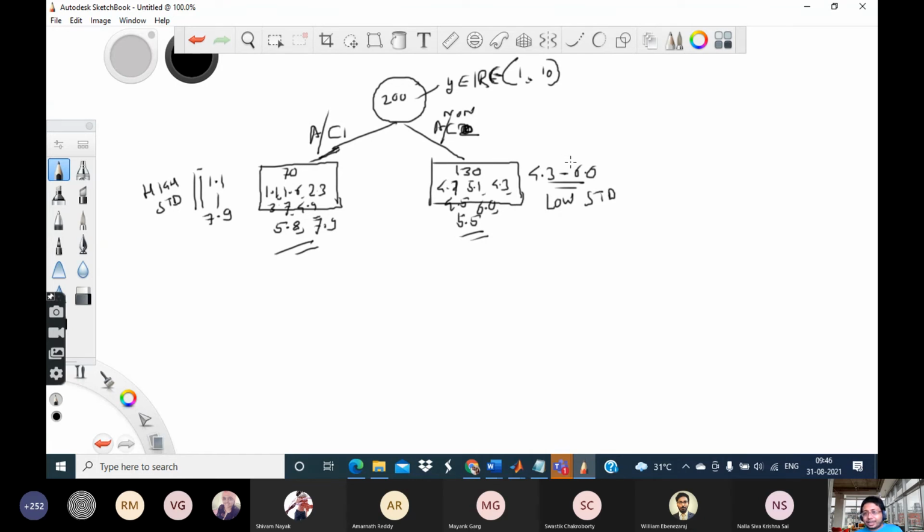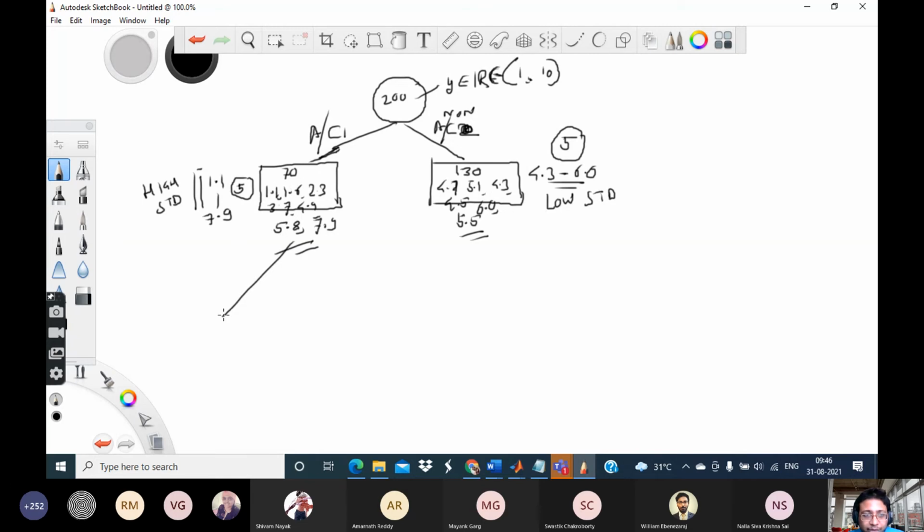If I just say 5 as my prediction, I am not going to make a large error in any case. But in the other case, if I take the value of say 5, I can make very large errors, whether on the smaller side or on the larger side. So this is a situation where I can make a prediction right away, but in this situation, I cannot.